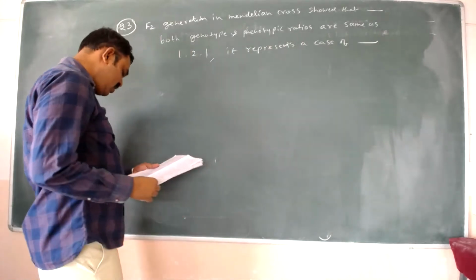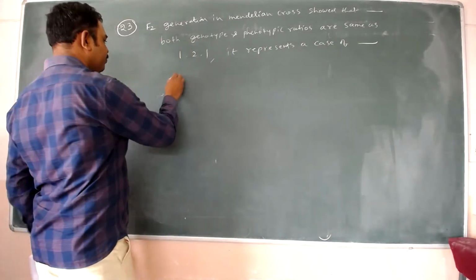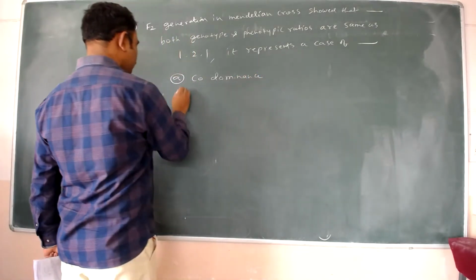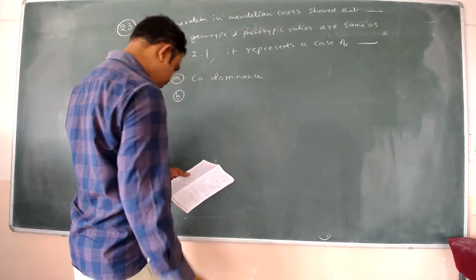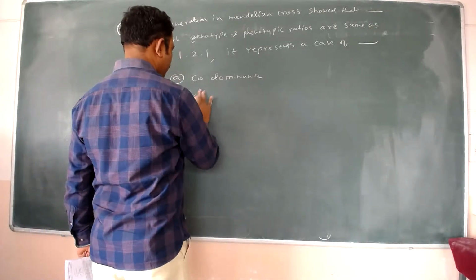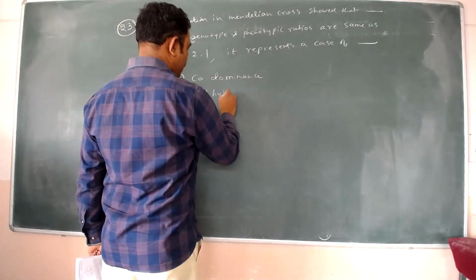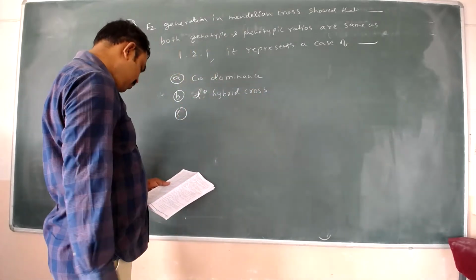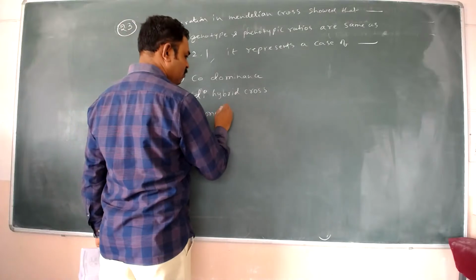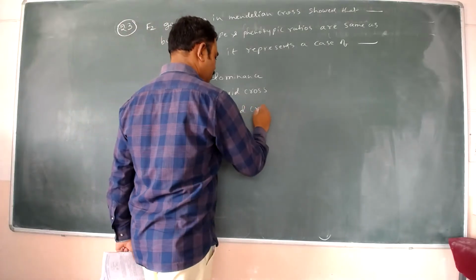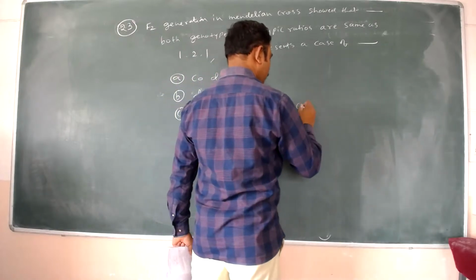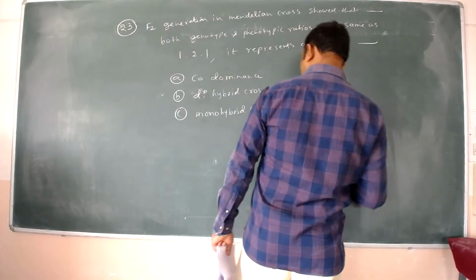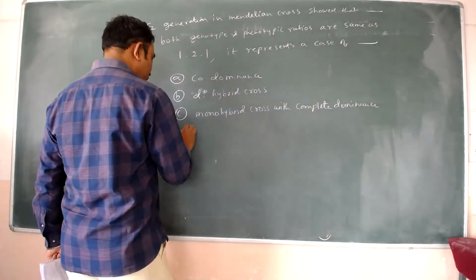What is it representing here? The options: codominance, hybrid cross, monohybrid cross with complete dominance, monohybrid cross with incomplete dominance.